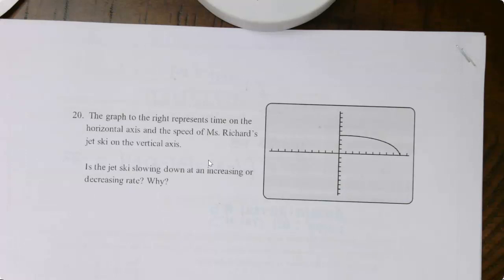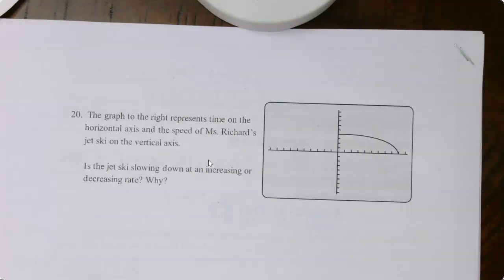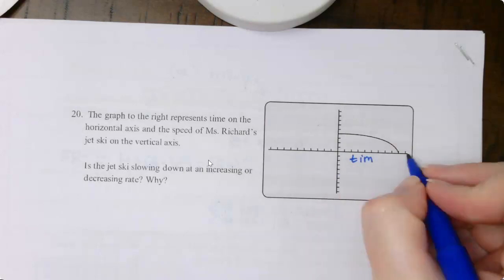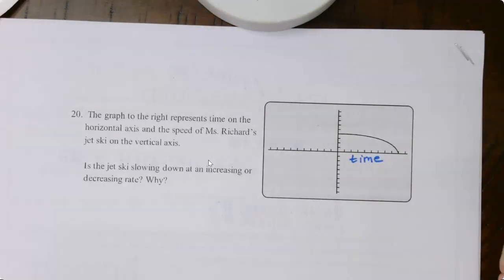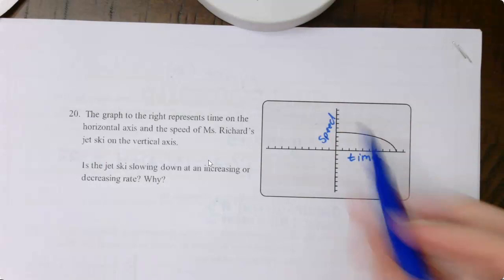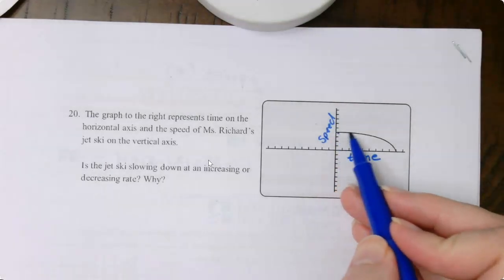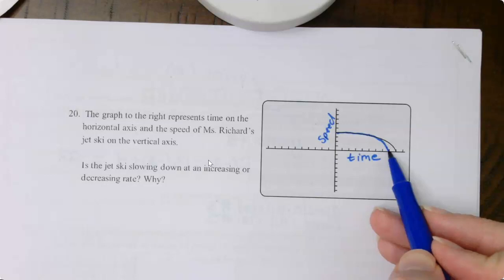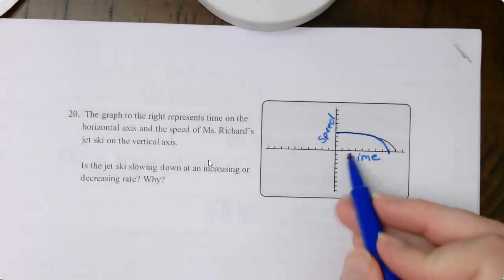So let's try to think about labeling the graph because it's not labeled. It says time is on the horizontal axis. This is time passing by. And then the speed is the vertical axis. So speed stays the same, and then what happens? We're slowing down at an increasing rate because time is passing by.